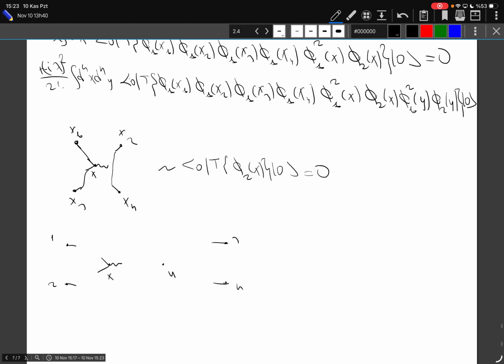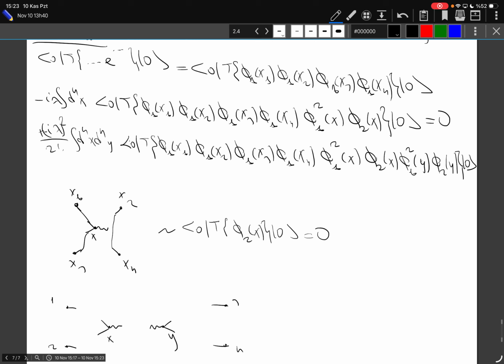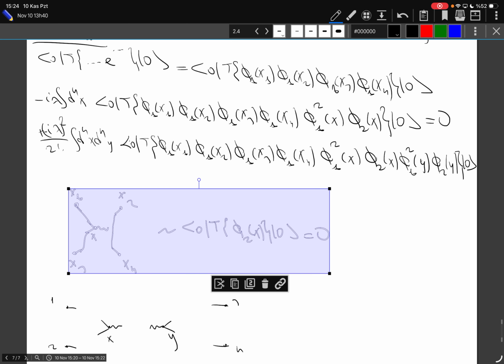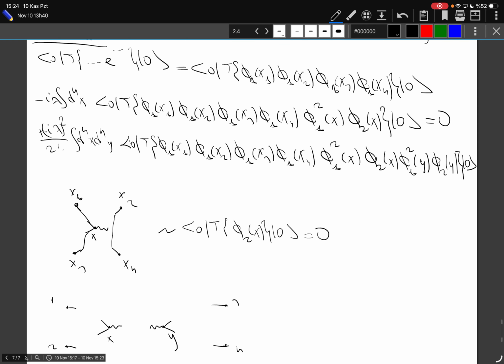I have a point Y where, again, I have 2 straight lines, 1 wavy line. Contractions basically tell me that I should connect these lines somehow. Every line should be connected to one other line of the same kind. I cannot connect wavy lines to straight lines. And there shouldn't be any open ends, because if there are open ends, we are back to this case. The only contributions I will have will be those without any open ends.